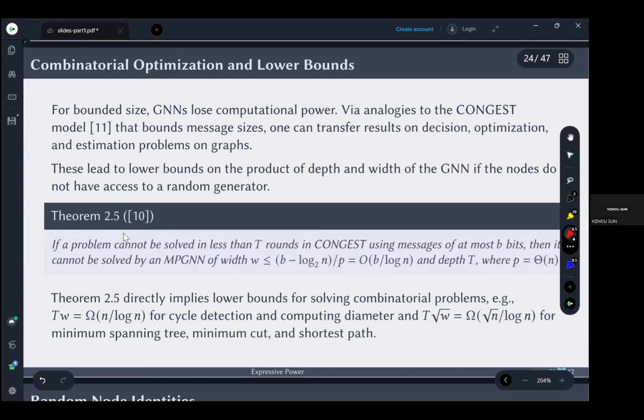Before you move on, can you briefly explain what Turing completeness means? Oh, Turing complete means a function that is computable by a Turing machine. I think it's P, right? The algorithm falls in the category of P. I mean polynomial.